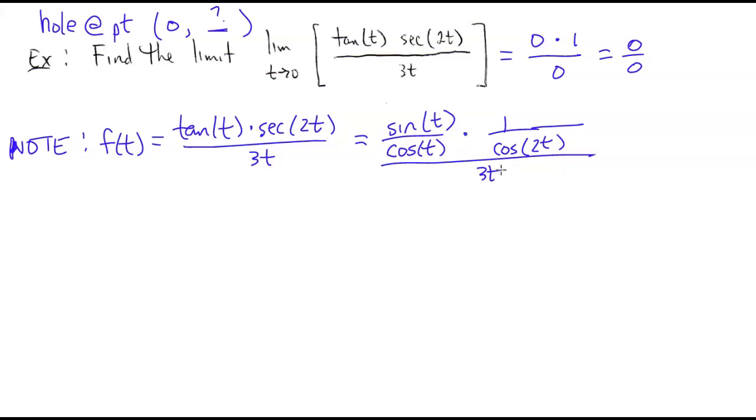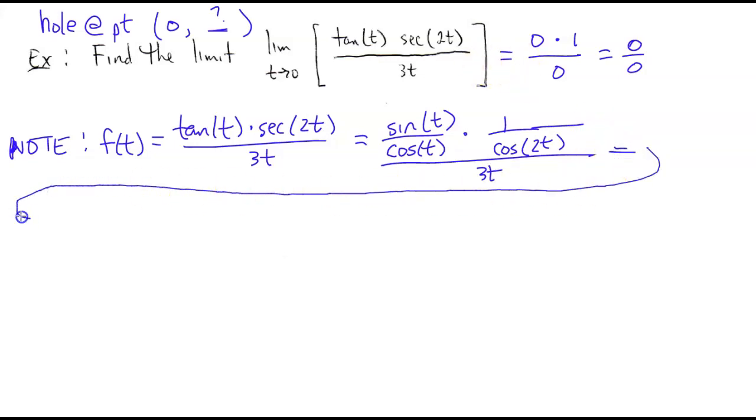Okay. Now, if we rearrange this to make it look nice, we could do the following here. So we got 1 here divided by 3t. So we got a factor of 1/3 that we can pull out. We'll have sine t over cosine t.